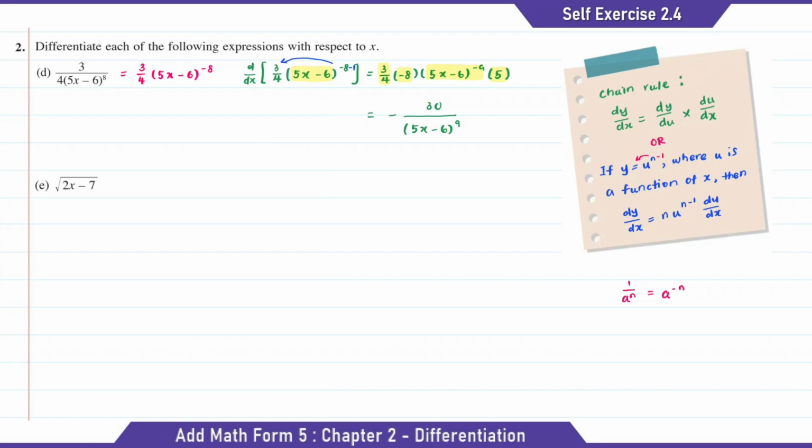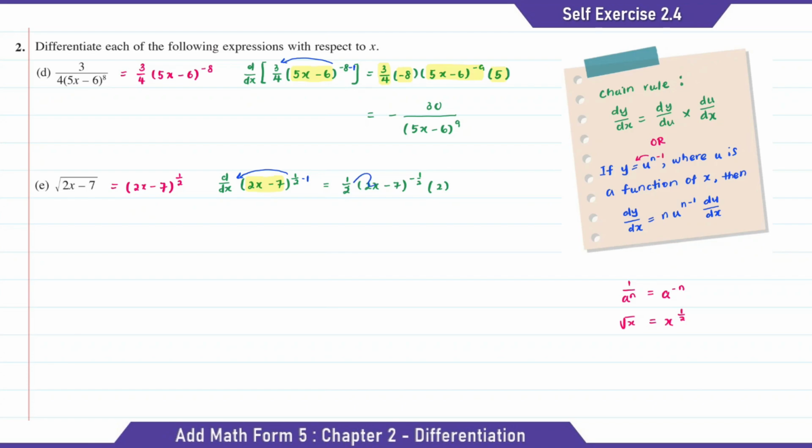Question E. Square root 2x minus 7. So I can write this as bracket 2x minus 7 to the power of 1 over 2. This is equal to 1 over 2 bracket 2x minus 7 to the power of negative 1 over 2. Then differentiate the terms in the bracket, which is equal to 2.